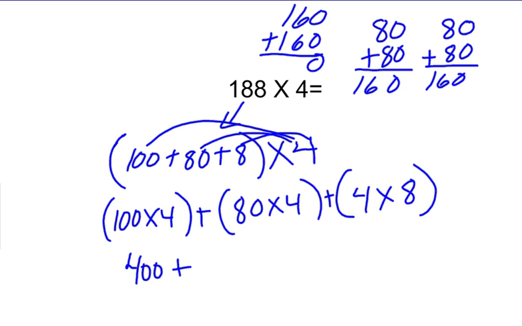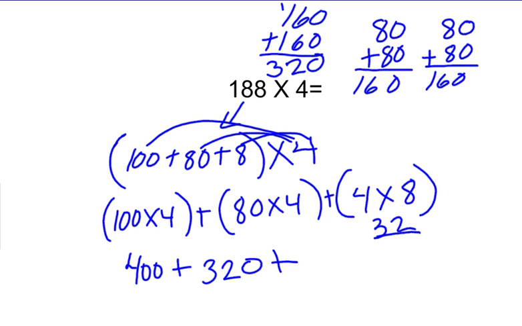Use their addition skill, 0, 60, there we go, and then 320. So plus 320, and then 4 times 8, which equals 32. They could use other strategies to help them, like an array, repeated addition, or skip counting, to figure that out.